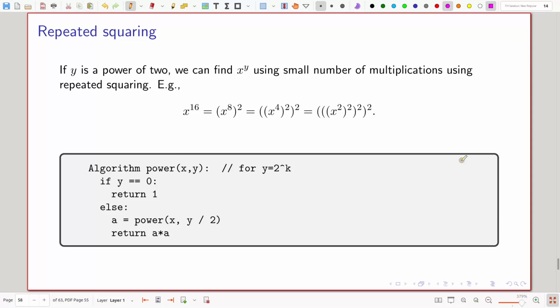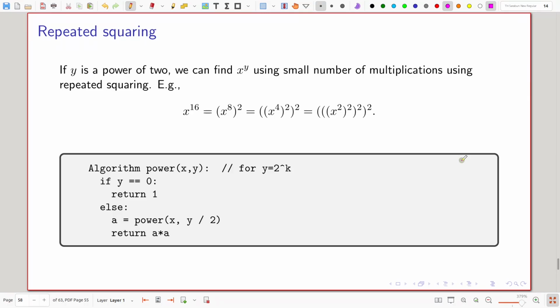So that's basically the algorithm. And how many recursive calls does this function need to make? It's log of y. Every time you make a recursive call, you divide the value of y by 2. So how many times can you divide a number by 2 until you get to 0 or 1? It's log of that number.